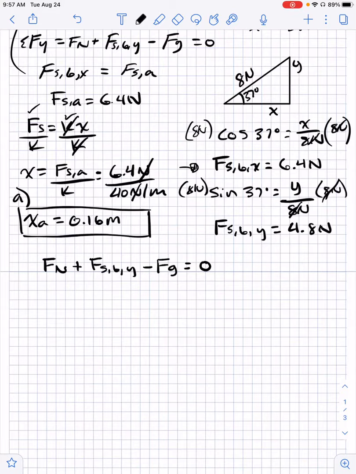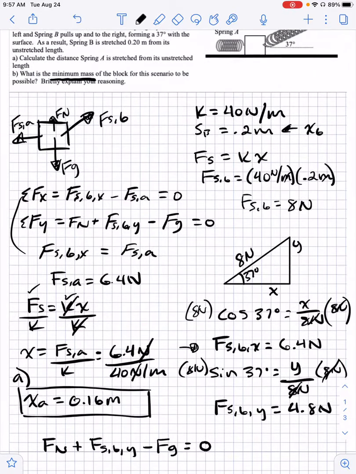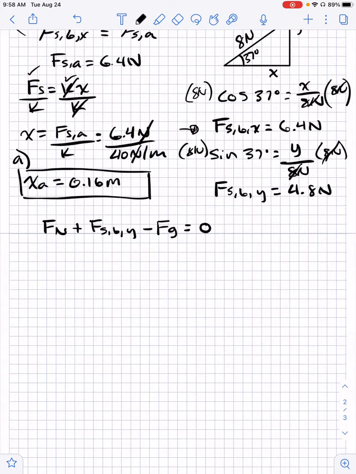So there's an equation we're going to kind of work with. We know we're going to use the y component one, because we're trying to find that minimum mass. So that's why we're going to use the y component here, or net force equation for the y direction. And since it's asking me for the minimum mass in order for this situation to take place, what we can assume is that the normal force is so small that it's negligible.